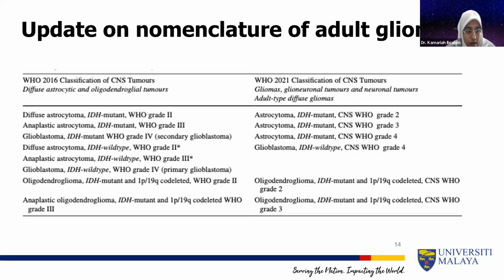It's straightforward: diffuse astrocytoma and anaplastic astrocytoma will be diagnosed as astrocytoma. We classify into whether it's just astrocytoma or glioblastoma, and whether it's IDH mutant or not. Okay, so that's the main thing. And another thing is that the WHO grade was previously in Roman numerals, but now it has been changed to Arabic numerals: 2, 3, 4.